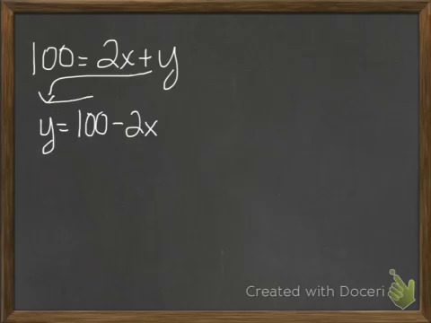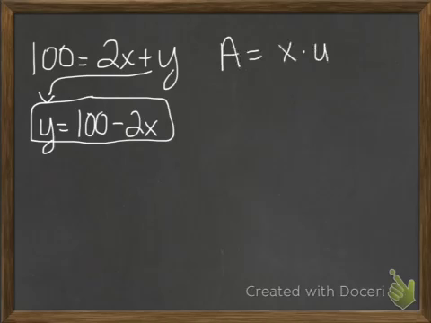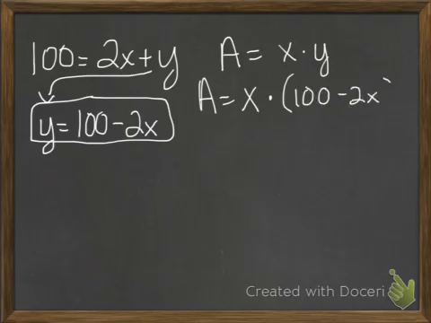Now this is going to be important. Keep this in mind. We're going to go back to the area formula right quick. We have area equals x times y. Well, we said we're going to just keep x, but we know that y is 100 minus 2x.